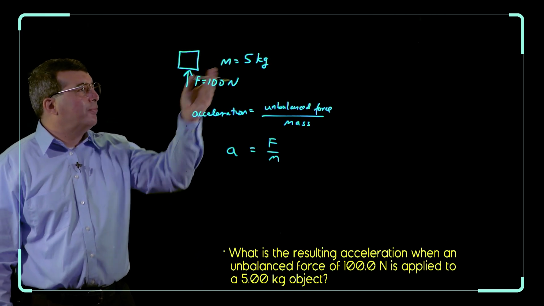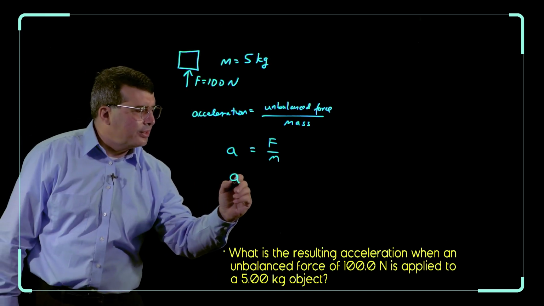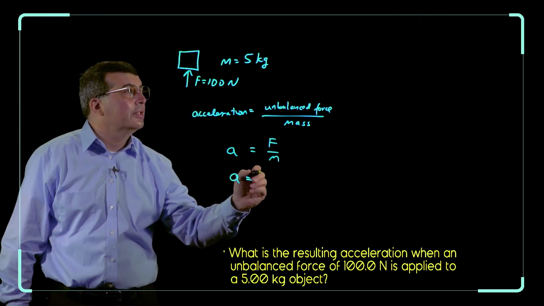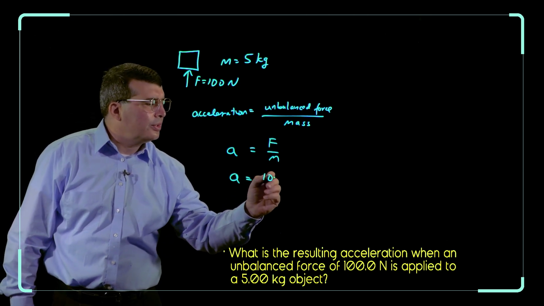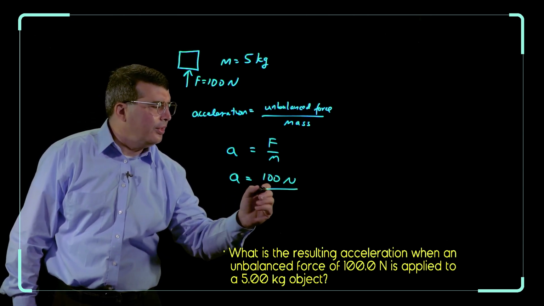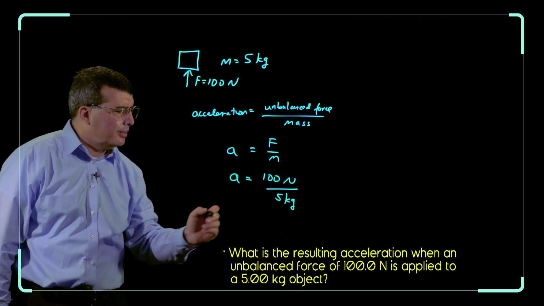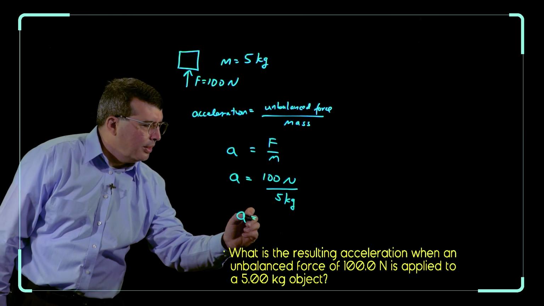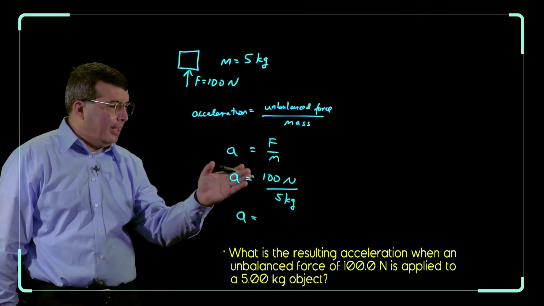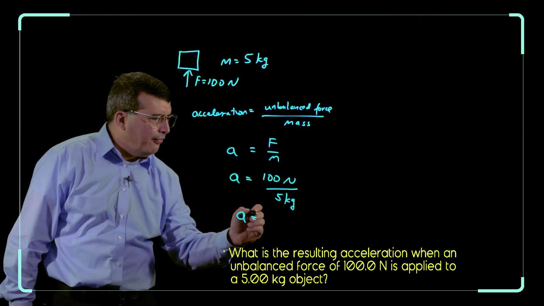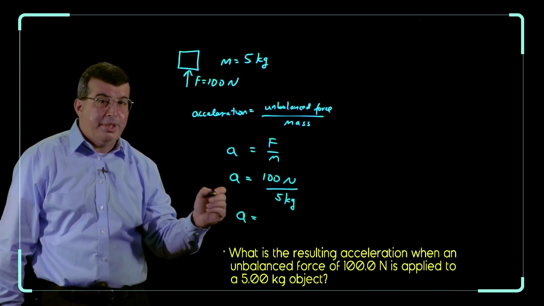I have the unbalanced force, I have the mass, so the acceleration is 100 newtons divided by 5 kilograms. So my numbers are 100 divided by 5, and that would be 20.